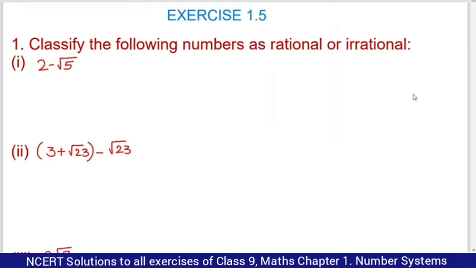Next, exercise 1.5. First question. Classify the following numbers as rational or irrational. Solution to the first one, 2 minus root 5. Here 2 is a rational number and root 5 is an irrational number.